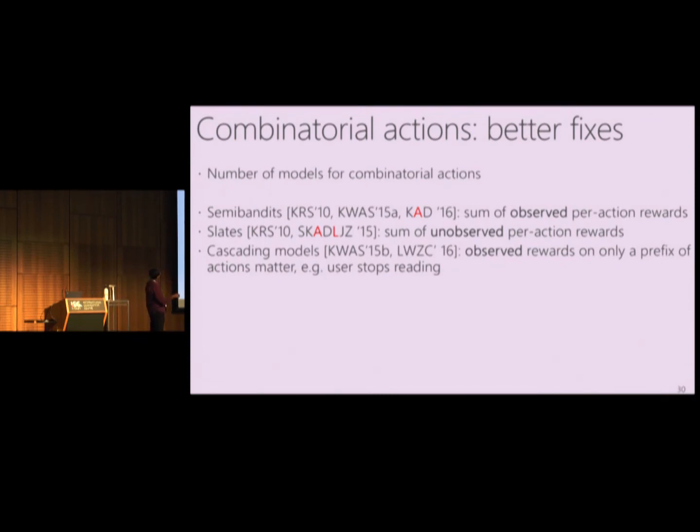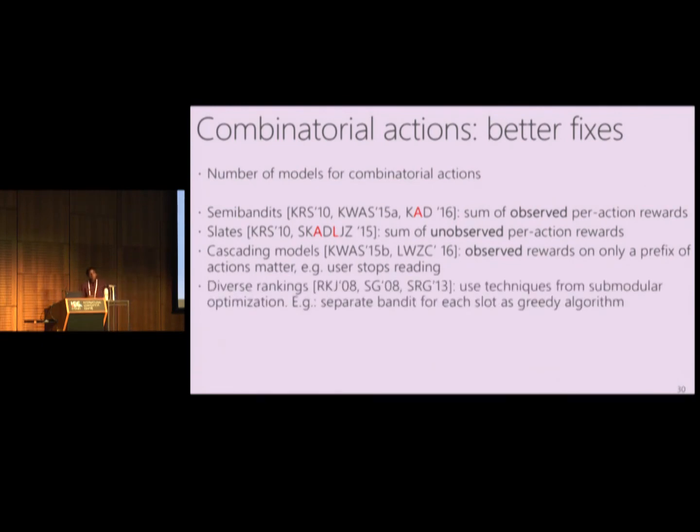So it's like you're getting the semi-bandit feedback, but only on a prefix of the ranking. And people have developed algorithms for this model as well. Finally, people have also tried to apply techniques from submodular optimization to explicitly worry about diversity issues in the ranked lists that we are creating.